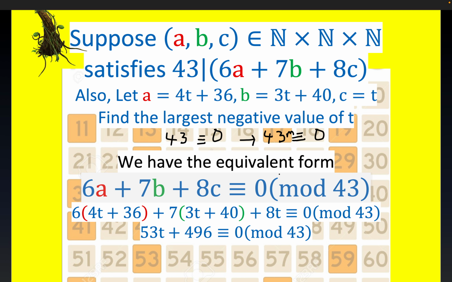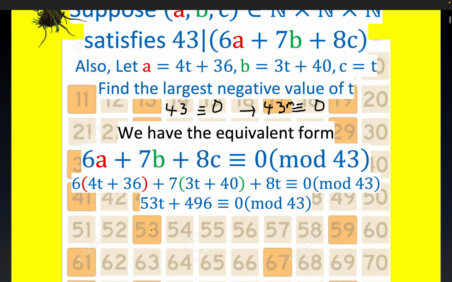Now we're going to use this fact that 43 times m is the same thing as 0. To rewrite this, notice that 53 is 43 plus 10. And so this would become 10t, because 43 is 0 mod 43.